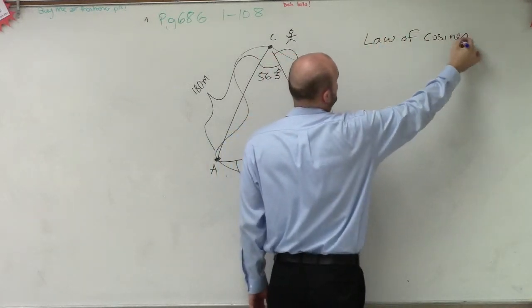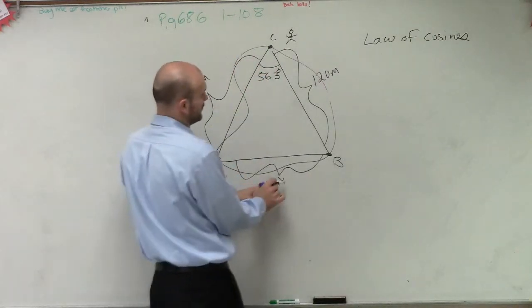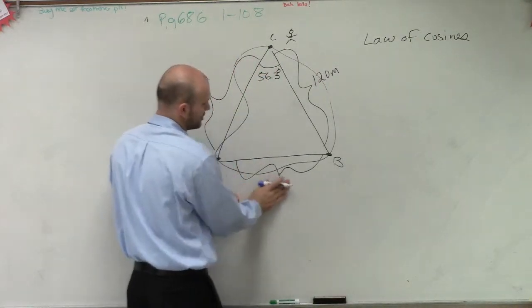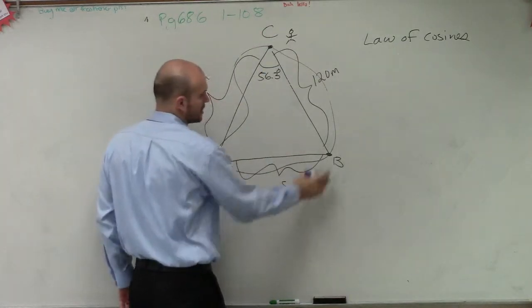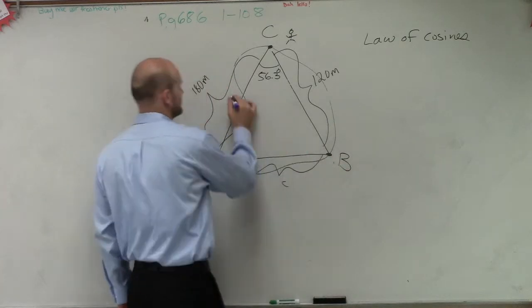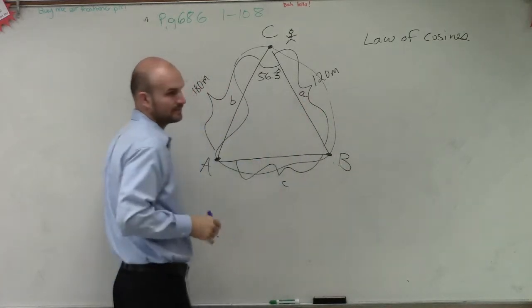If you guys remember the law of cosines, I'll try to see if I can remember it. We need to figure out little c. So we'll call this little c, and we'll make sure this is big C. So this is big B, little b, big A, little a.